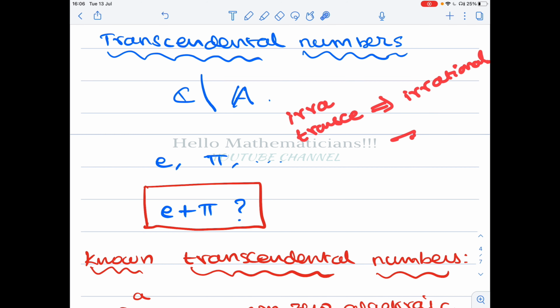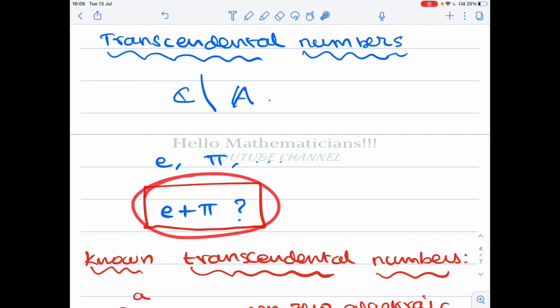But the converse does not hold: an irrational number need not be transcendental. We saw the example that root 2 is irrational but not transcendental, it is algebraic. So that is one important fact. In particular, for e plus pi, it is not known whether it is algebraic or transcendental.